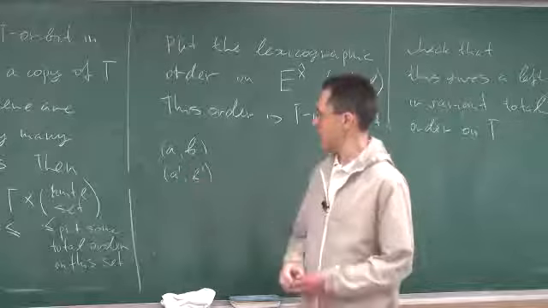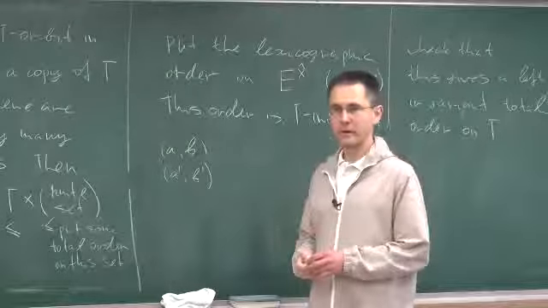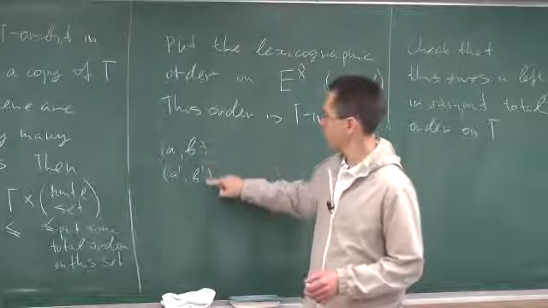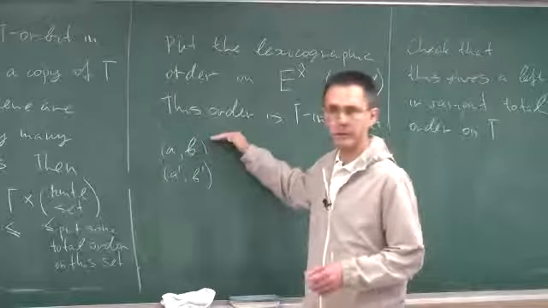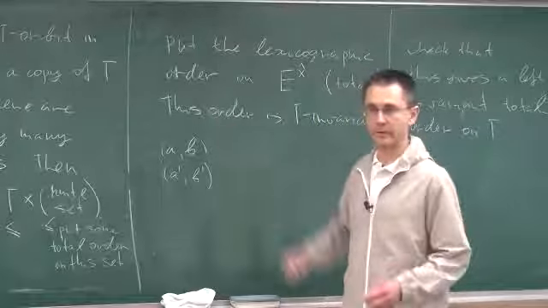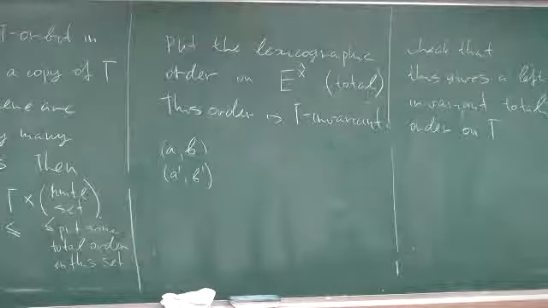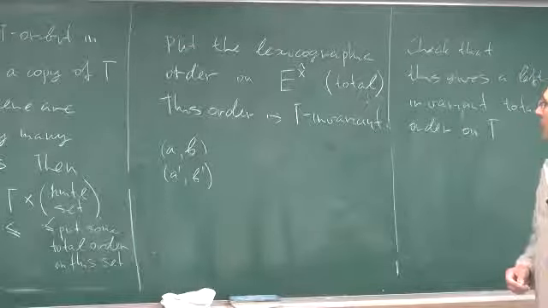If A and A prime are the same, then you have to look further. Then you see, is B prime bigger than B? If B prime is bigger than B, then you declare this pair to be bigger than this pair. If they are the same, of course, then the two pairs are the same. So that's the definition.